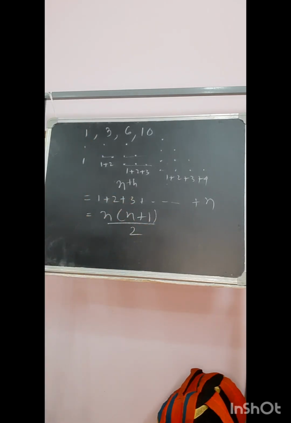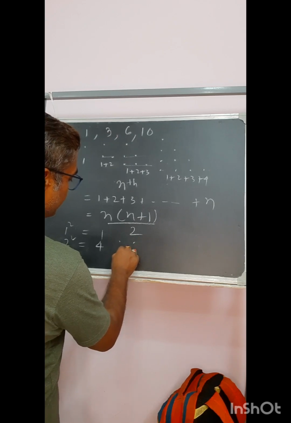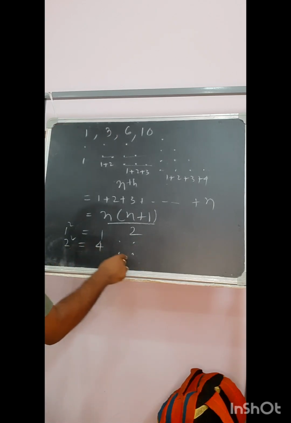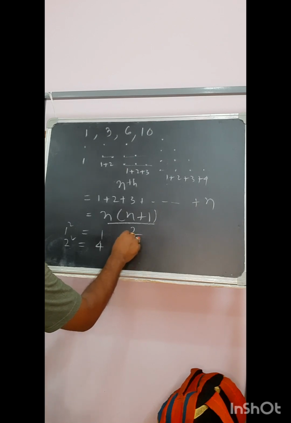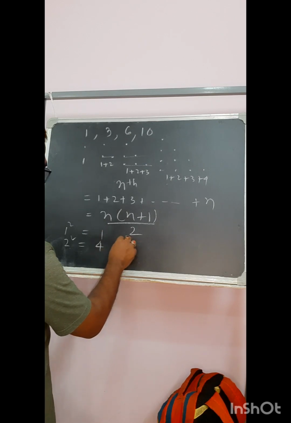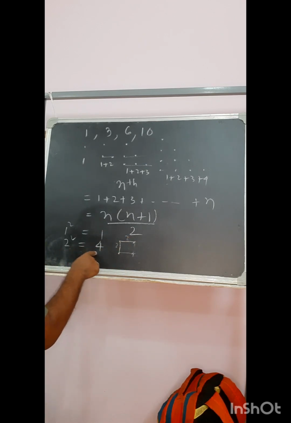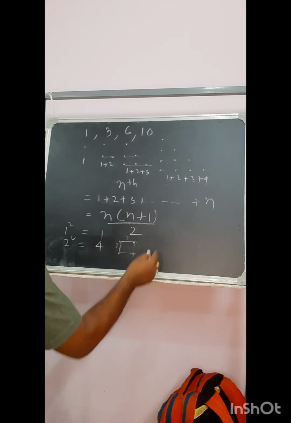Now if I see similarly the squares, 1 square is 1, it will tell you nothing. 2 square is 4, and 4 is represented by a square. That means 2 square is a square, because a square has equal arms. So I can tell that this is 2, this is 2, and that will give you 2 square. So any number squared can be represented by a geometric square.